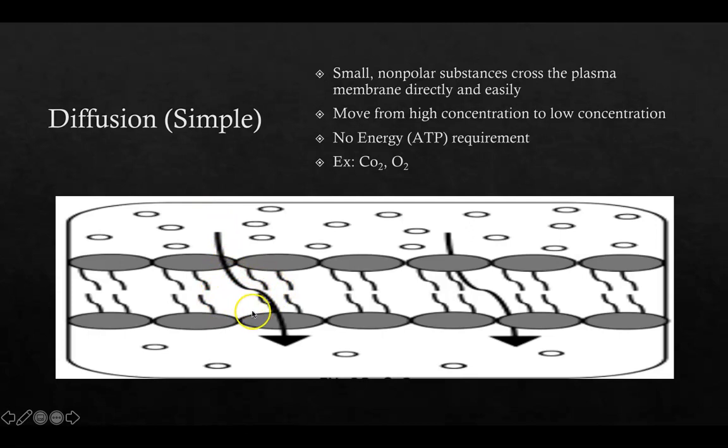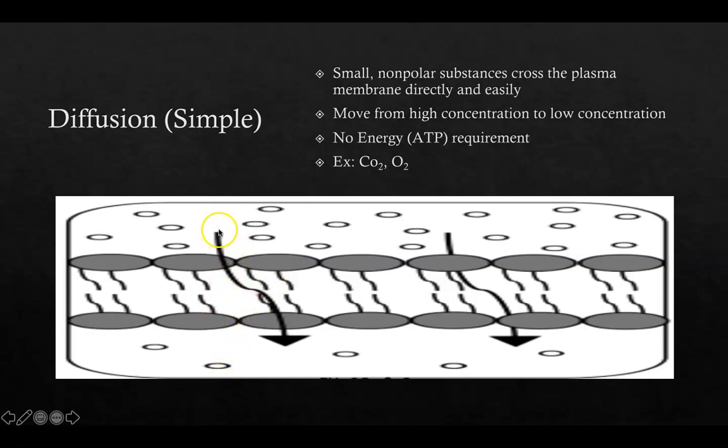We talked about this when we were talking about the structure of the phospholipid bilayer. And remember, the particles that are able to do this first have to be small enough to slip through the spaces, and then they also have to be nonpolar to be dissolved across the interior of the membrane.